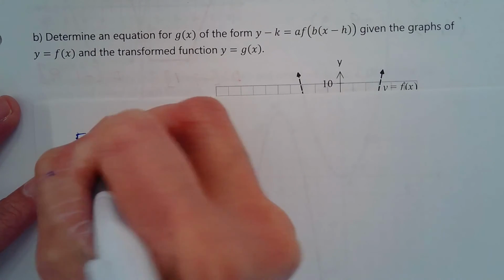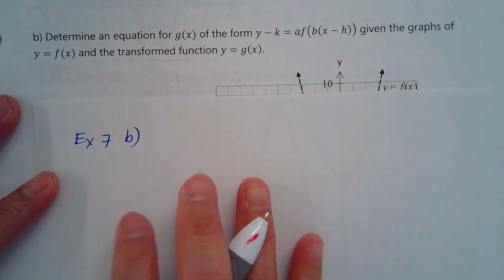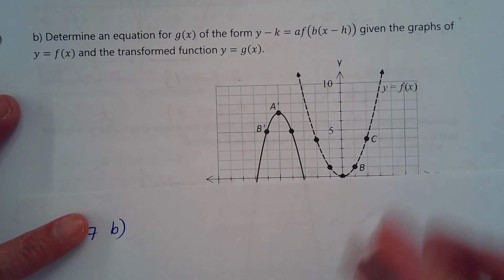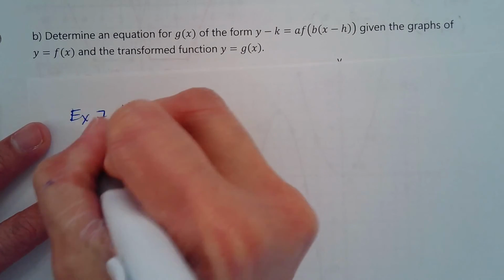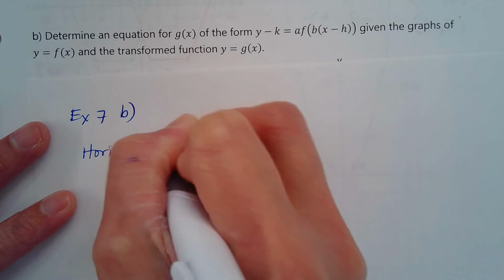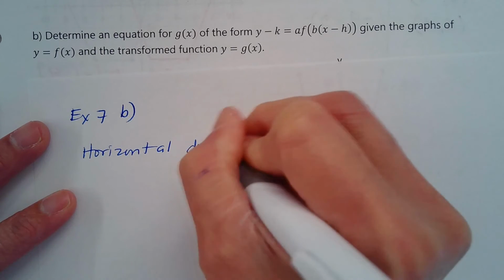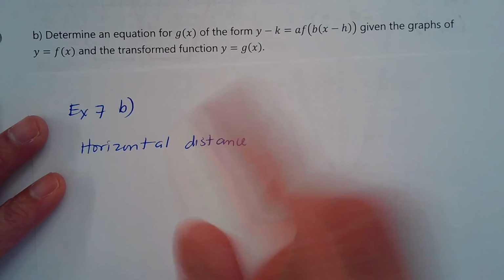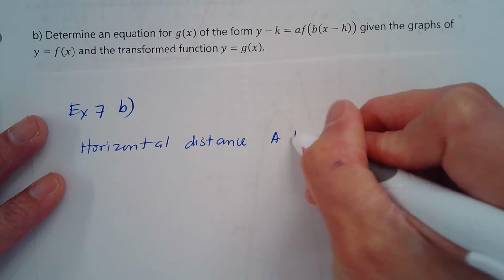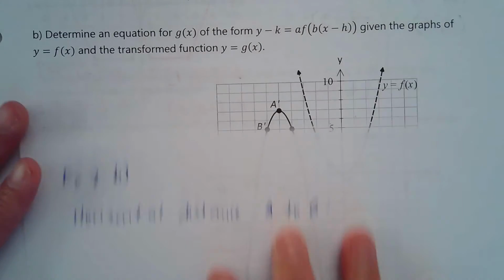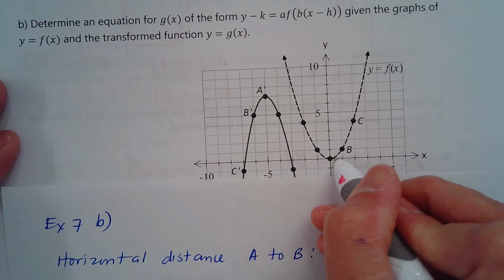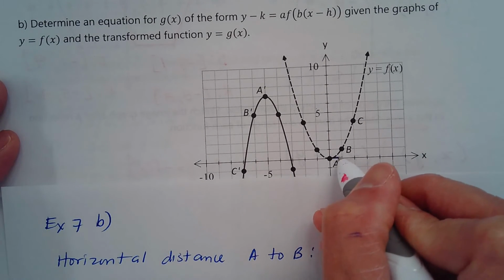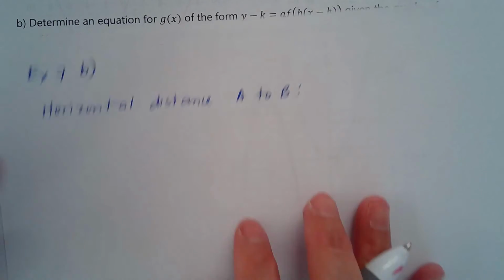Example 7, letter B. Let's see if there's a horizontal stretching or compression. So horizontal distance between A to B. How far is A to B horizontally? It's 1 unit, right? So 1 unit.